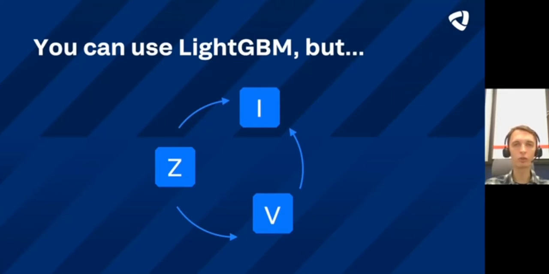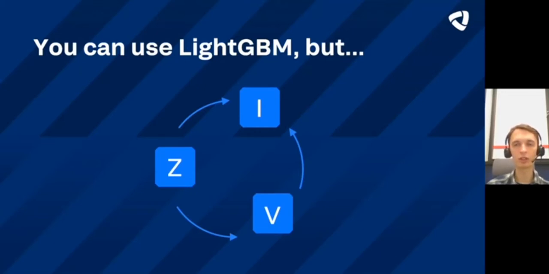So if you use a LightGBM model and then want to change velocity in this model as your control parameter, you don't receive very stable results.